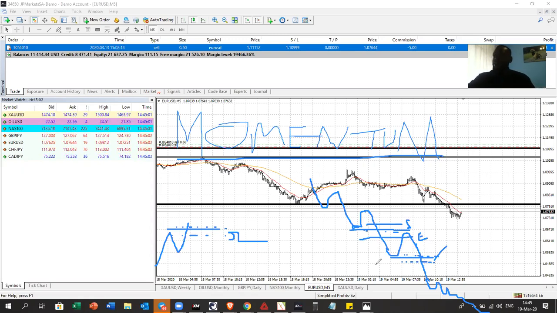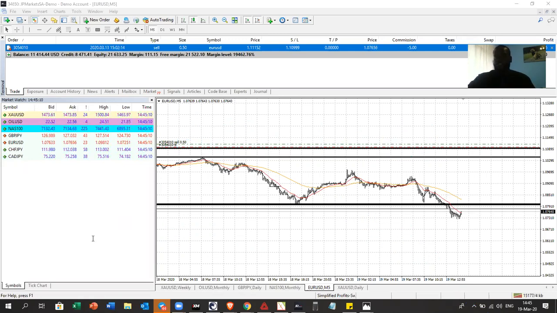So now that we've outlined the whole concept of what we're doing here, momentum play, right? So in a nutshell, this is what we're doing. We're trading momentum.